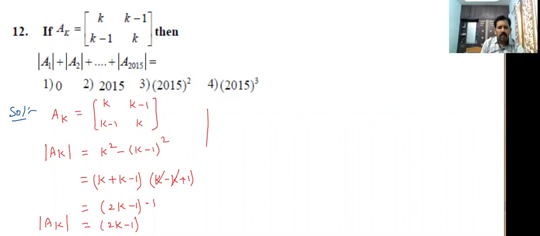Now observe the question, what is given. Determinant of A1 plus determinant of A2 plus determinant of A3 and so on, up to determinant of A 2015.